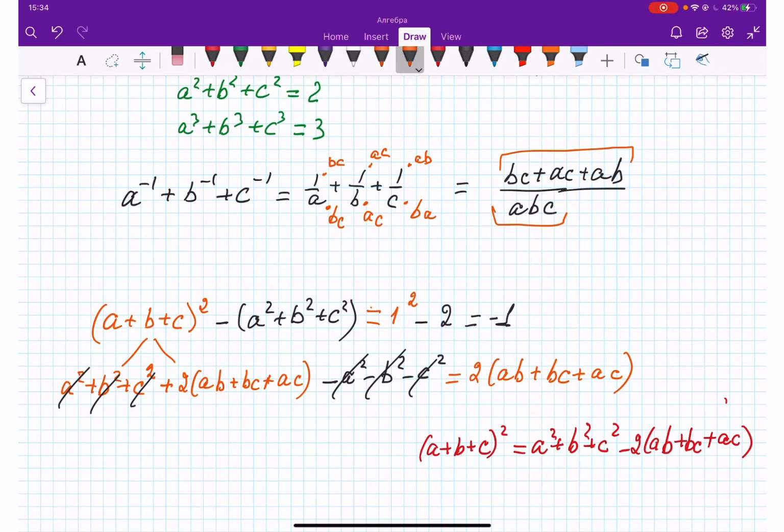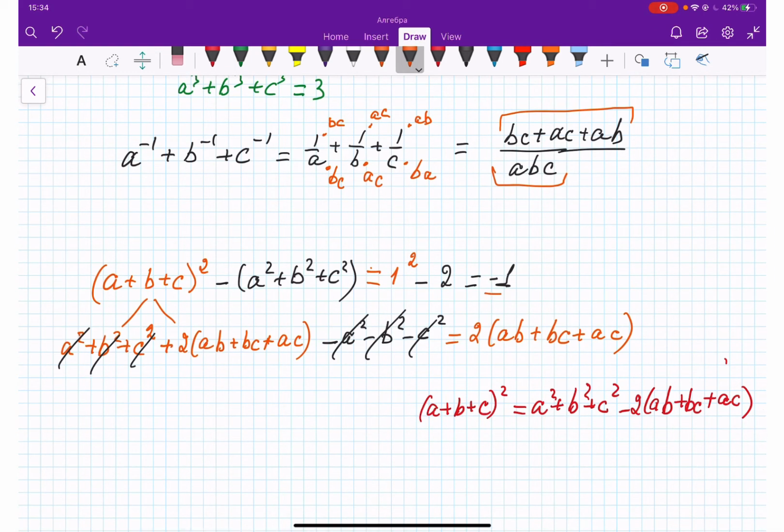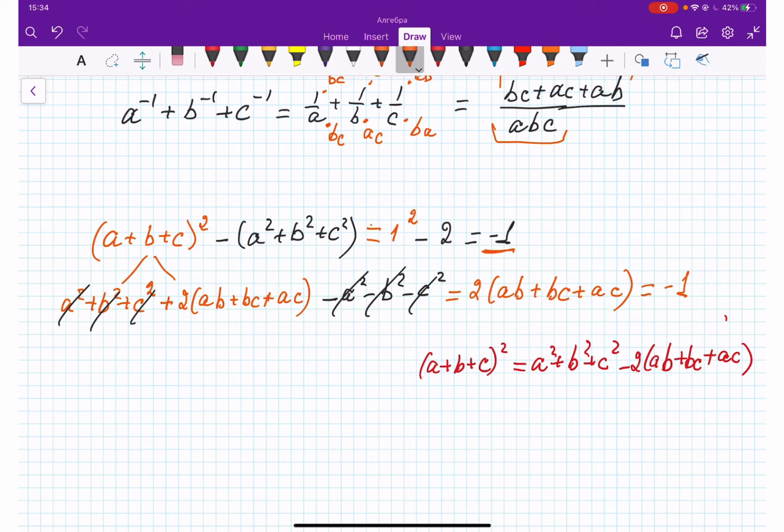And that is still going to be equal to -1 from here. Okay, let me rewrite it clean. Twice ab plus bc plus ac is equal to -1.